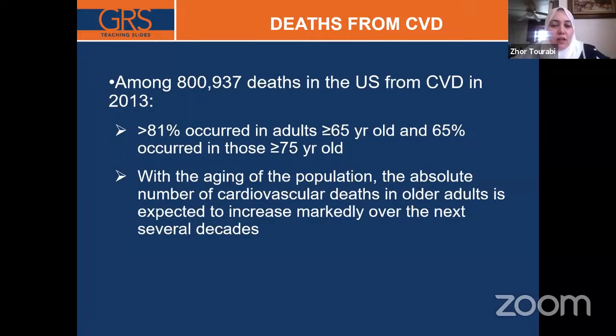Among 800,937 deaths in the United States from cardiovascular disease in 2013, greater than 81% occurred in adults 65 years old or older, and 65% occurred in those 75 years old and older. With the aging of the population, the absolute number of cardiovascular deaths in older adults is expected to increase markedly over the next several decades.